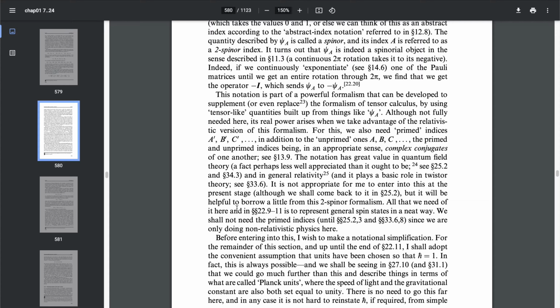He talks here about van der Waerden notation, where we could have spinor objects with a lot of indices. Some of those could be primed, some could be unprimed, and those primed and unprimed are complex conjugates of one another, but we will not need those soon, so we will talk about that notation later.